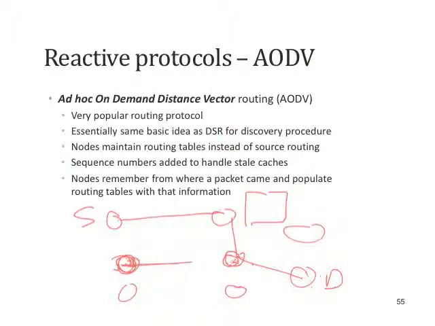The nodes maintain a routing table instead of source routing. For source routing, they do not maintain any routing table. This sequence number is added to handle stale cache, which partially solves the problem that you are talking about.